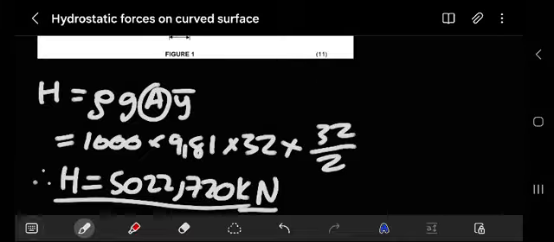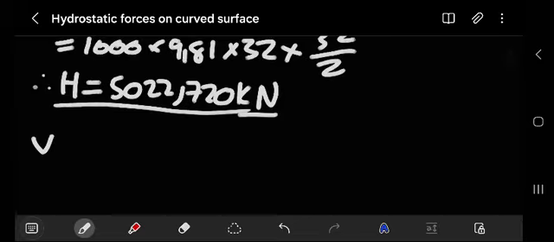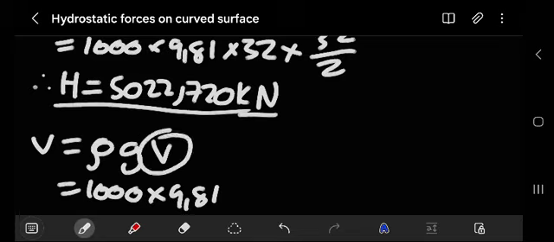Then let's find the vertical component. The vertical component is given by density multiplied by gravity multiplied by volume. The density is 1000, the gravity is 9.81. Now let's check the volume.